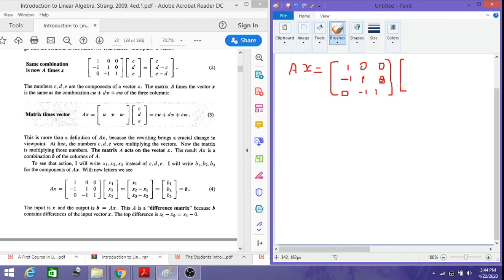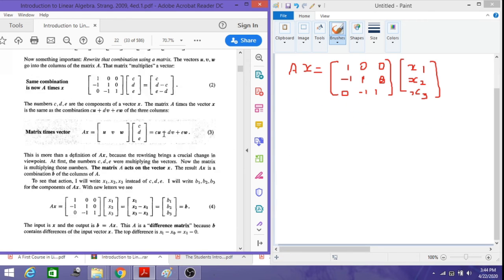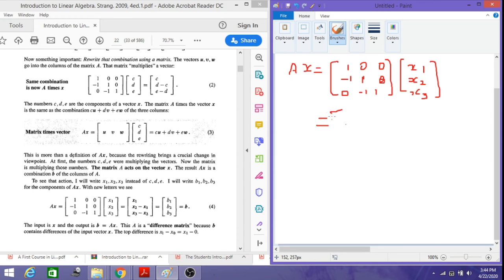If this is multiplied with x1, x2 and x3, that will result in x1, then we have x2 minus x1, and x3 minus x2.